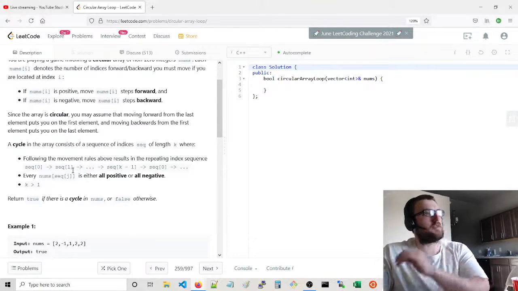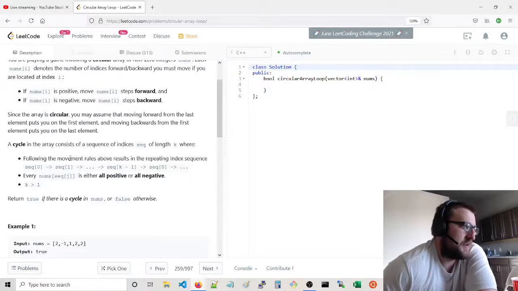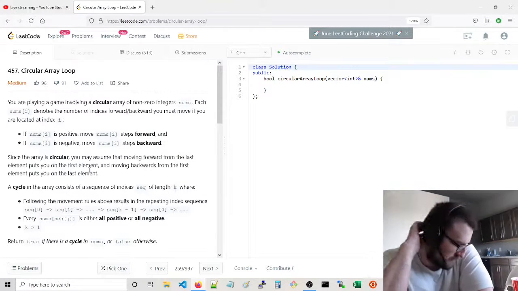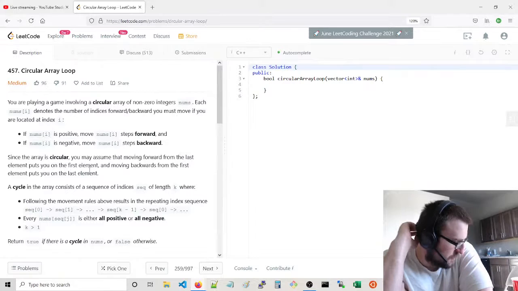A cycle in the array consists of a sequence of indices seq of length k, which is actually kind of tricky when you're going backwards, by the way, when you're subtracting indices to make sure that you are positive.